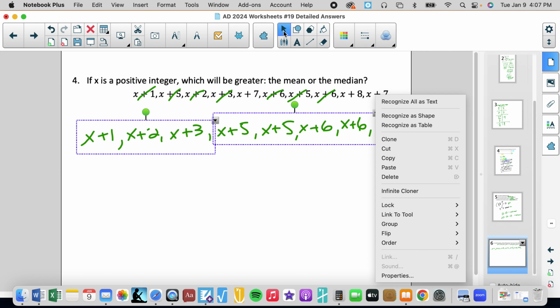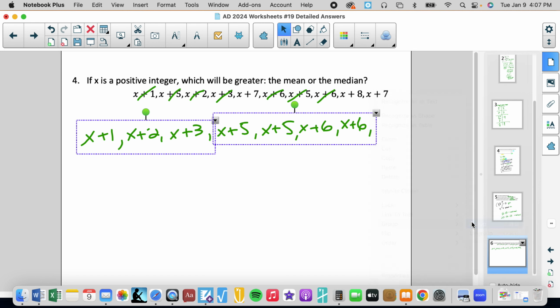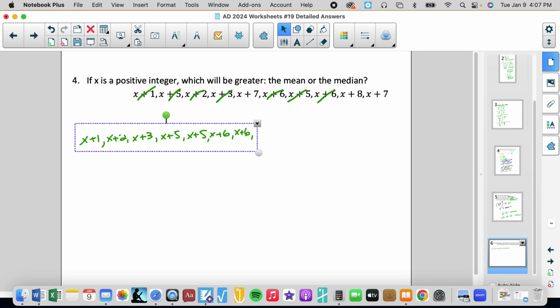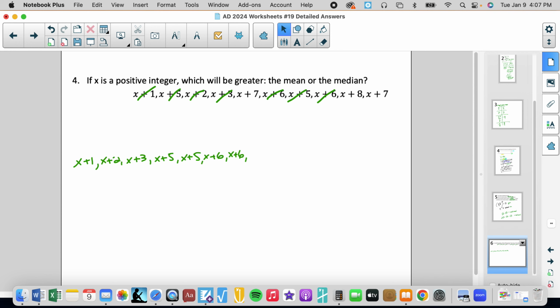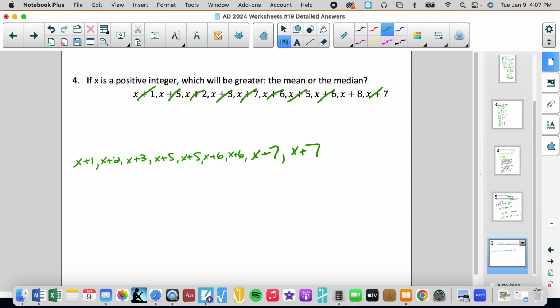Let's group that. We have x plus 7, x plus 7, and x plus 8.